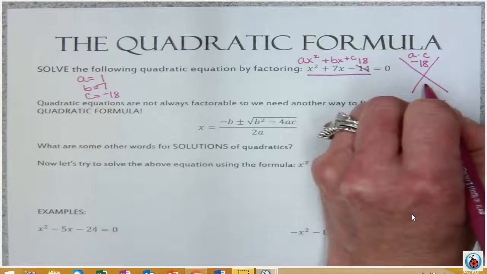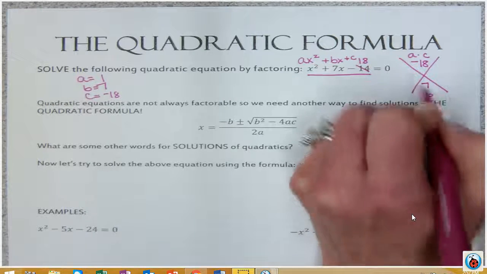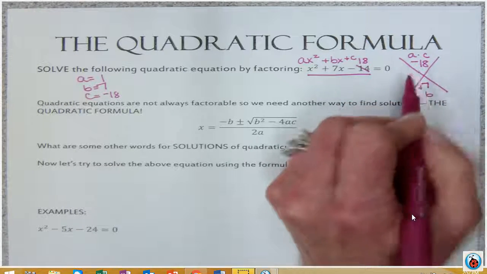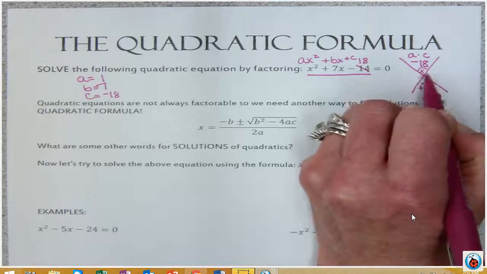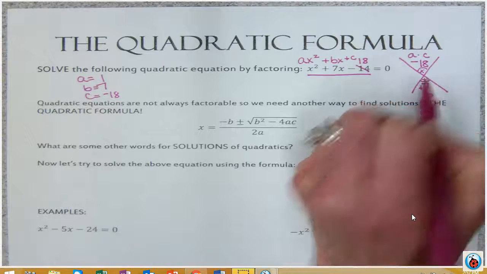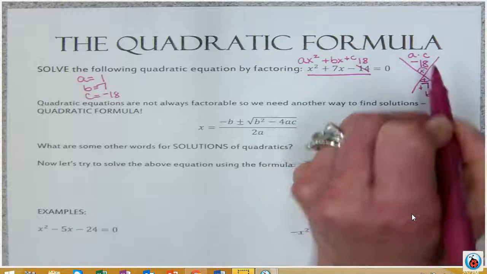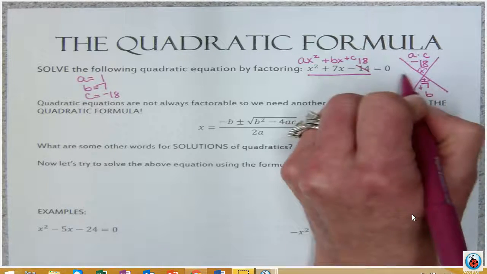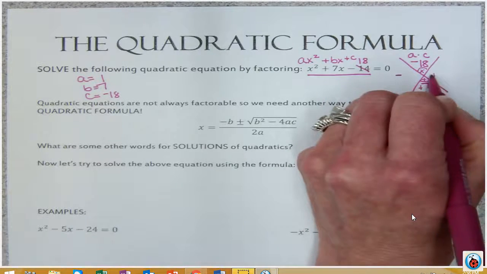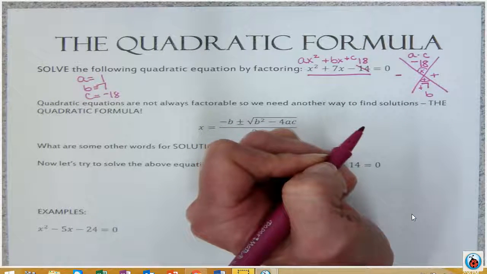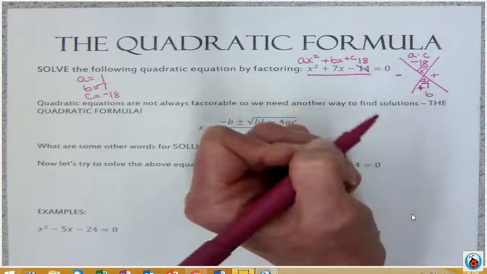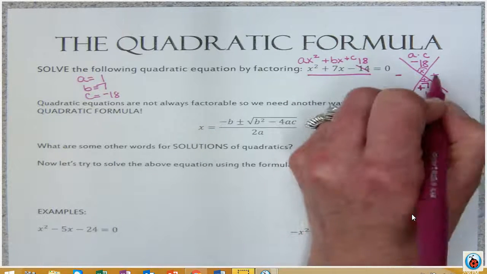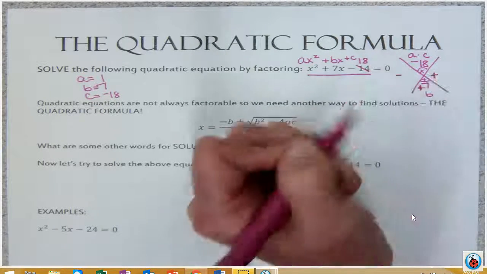The B is positive 7. We know that we need to multiply two numbers together to get negative 18 and add them to get positive 7. Since this is a negative, we know that one of the numbers has to be negative, the other one's going to be positive. Since the B value is positive, we know the bigger value is going to be positive.